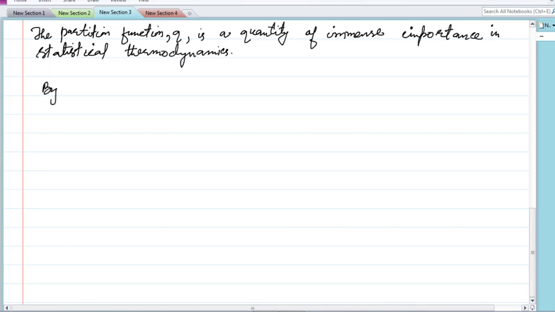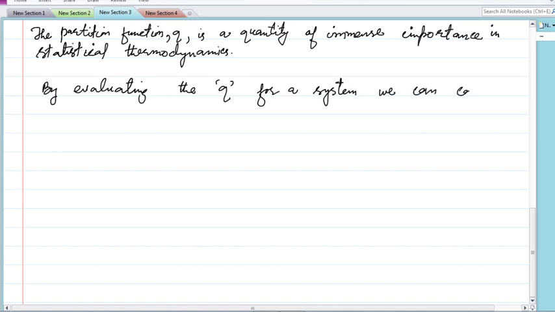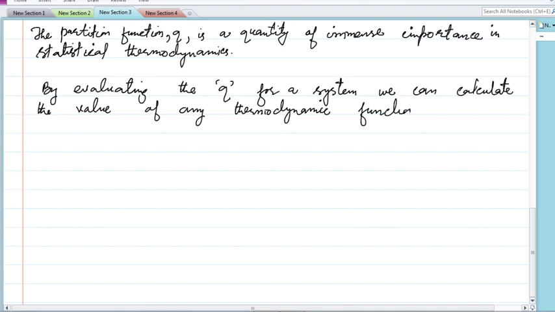Because by simply evaluating the q, that means the molecular partition function for a system, we can calculate the value of any thermodynamic function for that system.